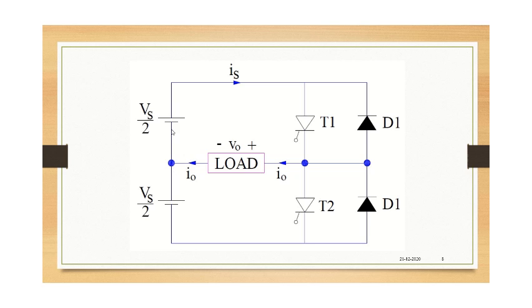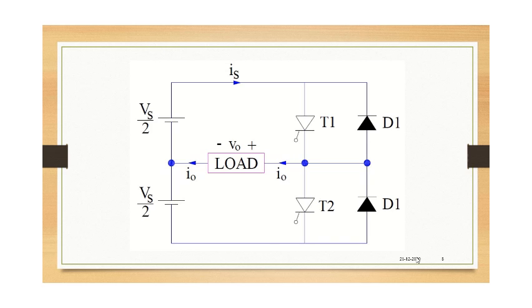See here, the first terminal is connected to the network where your first switch T1 is connected. The second terminal is connected to the second switch T2, and the third terminal is connected to the load here. Okay, so this is the bridge circuit.